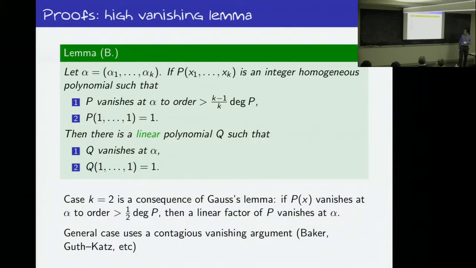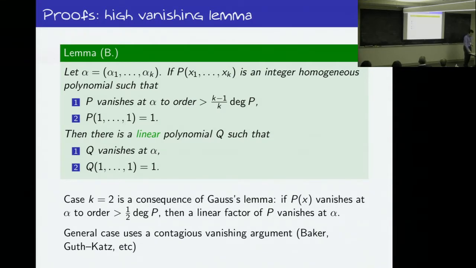Here's the statement. It says exactly what you expect. If you have a multivariate polynomial vanishing to some higher order at a point, then there is a linear polynomial vanishing at the same point. And furthermore, if the original polynomial had some coefficient equal to 1, then this new thing can also be made to satisfy this condition.